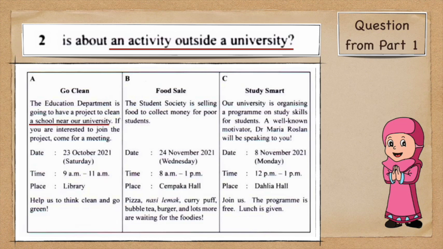So you can see in notice A, Go Clean is the only activity carried out near the university, meaning outside the university. The other notices mention the places also, but it is held inside a university. So the answer is A.